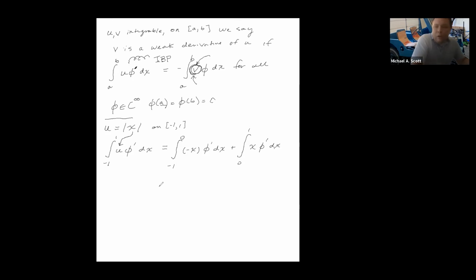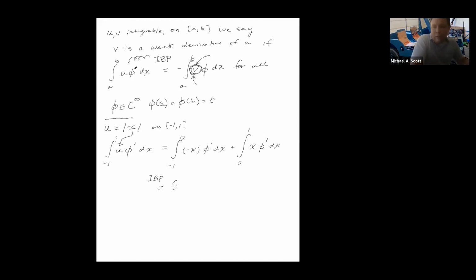Now we do integration by parts on each of these integrals, right? So we're going to pass the derivative off of this guy onto this function. Now this function is differentiable on -1 to 0, right? Notice how we've, in some sense, cut out the point 0 in this integral, and that's an important property of the integration process.